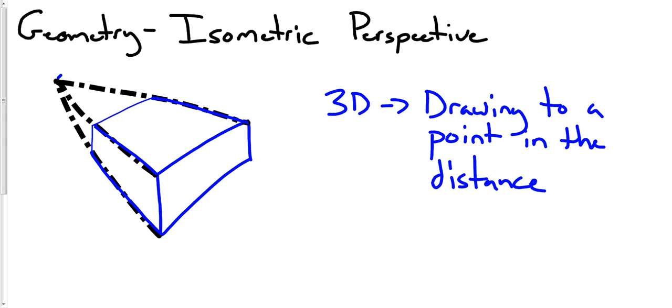Okay, so isometric drawing just has parallel lines. However, with an isometric perspective, the lines are a little bit squished in as you are looking towards a perspective off in the distance.